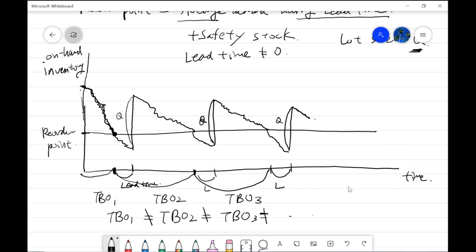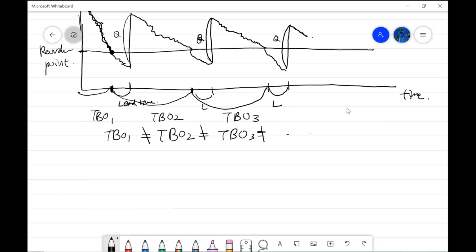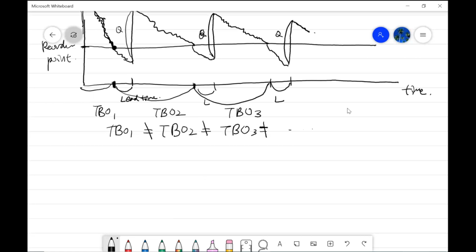So let's find out how to determine the safety stock under this situation. We already handled this, but anyhow, let me just have this. Let's say D is the average demand per certain time period, either monthly, weekly or daily basis, doesn't matter.